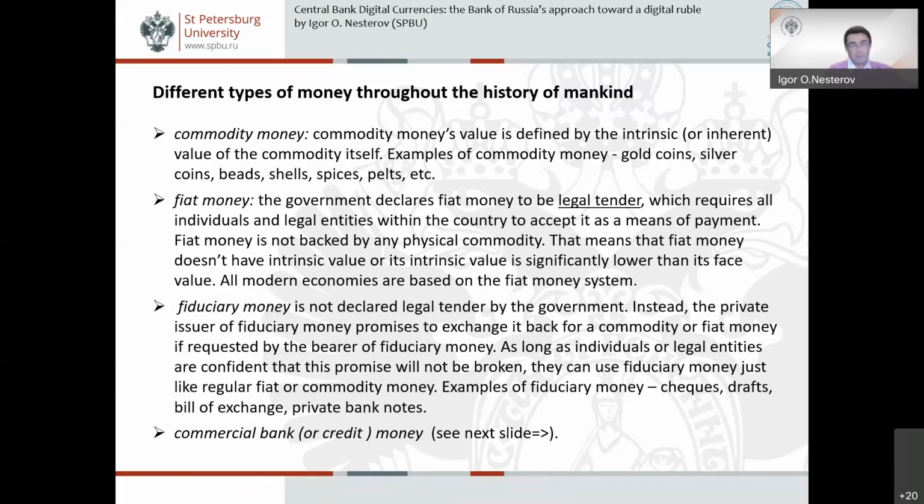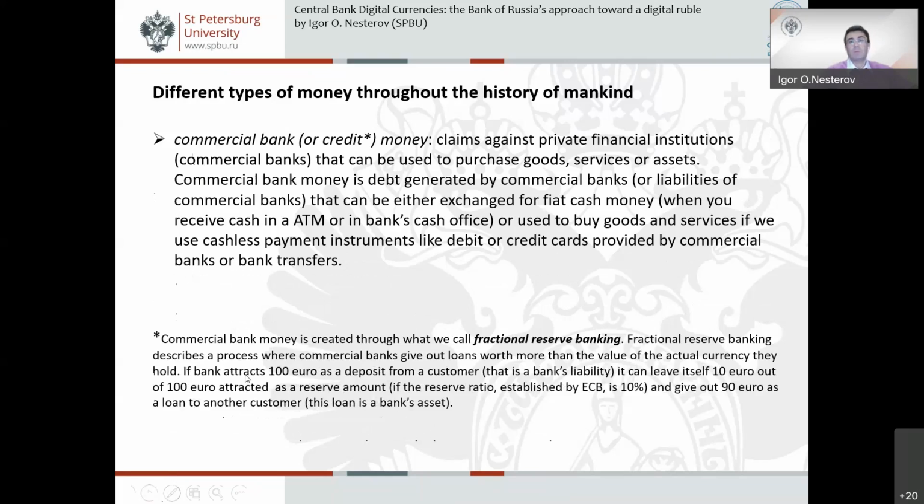And let me say some words about commercial bank money, or sometimes this type of money is also called credit money, because it's quite important for understanding the distinction between a central bank digital currency and the non-cash electronic money we are using in our daily life.